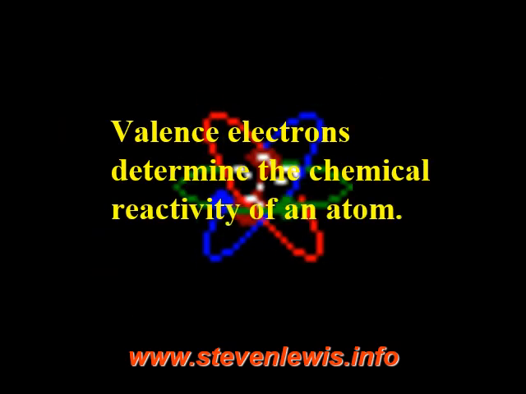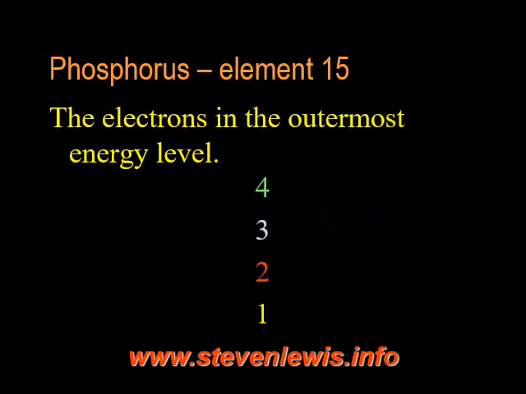A general rule we can use to help us predict the chemical behavior of an atom is that an atom will react with other atoms in such a way to create a full valence shell of electrons. Let's check out the electronic configuration of element number 15, phosphorus.